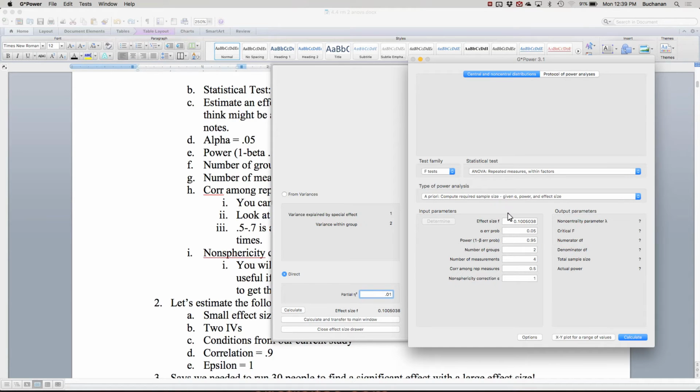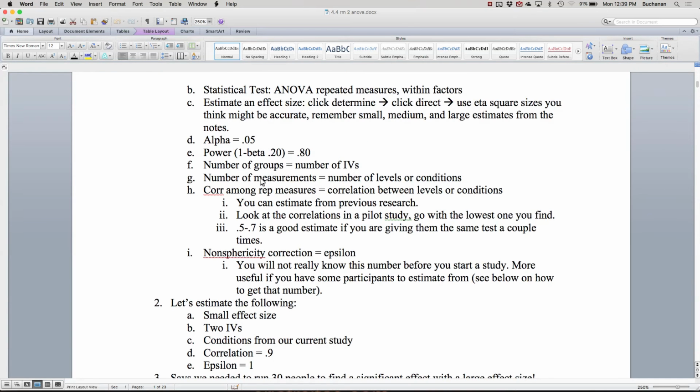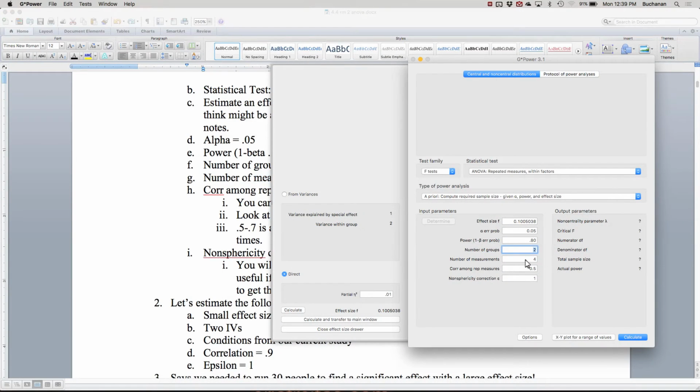Okay, that aside. So, effect size F, alpha is always 0.05, power is 0.8, because it's 1 minus beta. The number of groups, that is not the mouse for this computer. Try again. Number of groups is number of IVs, and then the number of measurements is levels or conditions. So I got 2 IVs and 4 conditions.